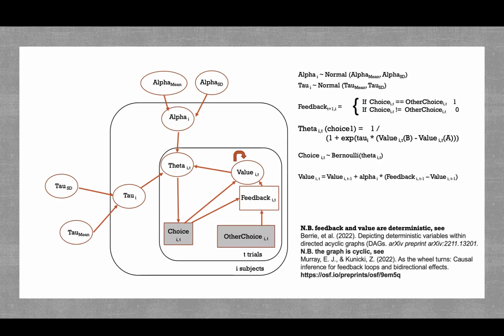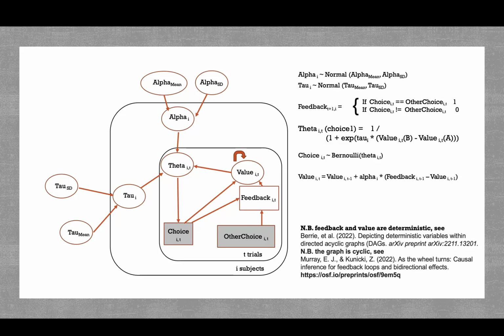Sorry. The value at one point in time plus alpha determine the next value. And the feedback. Right. Given the value, we determine a theta, which is shaped by tau as well. And the alpha should go there. Sorry, I'll fix it.